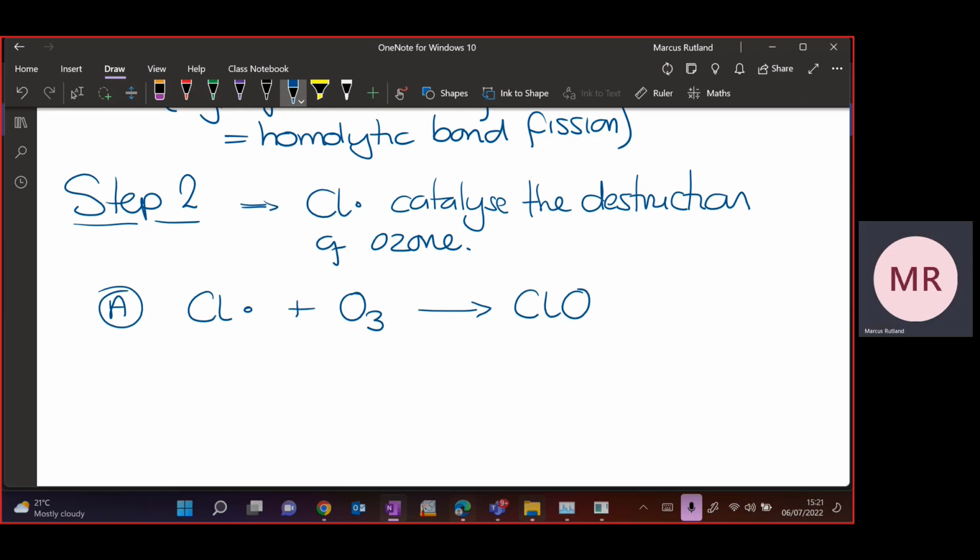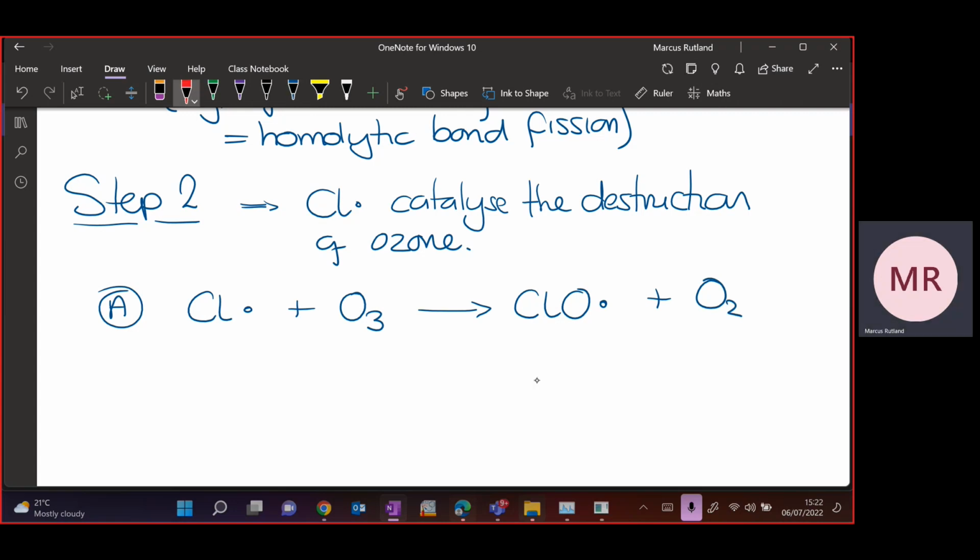Now, interestingly, that is still a radical, and you won't be expected to do full structures and dot crosses and curly arrows, etc. for this. You can just keep it at this surface level. It's a bit complicated with ozone's weird bonding and everything, so just don't overcomplicate this. And that leaves an O2.